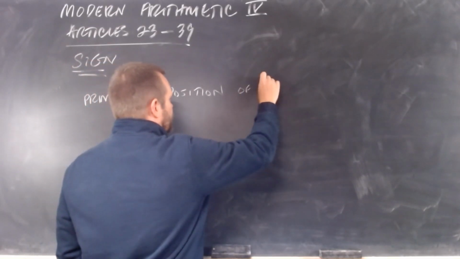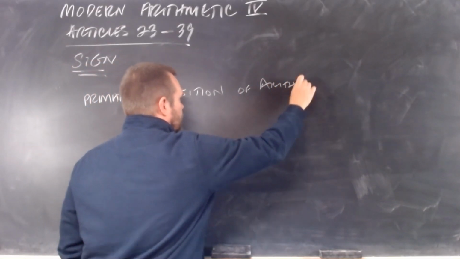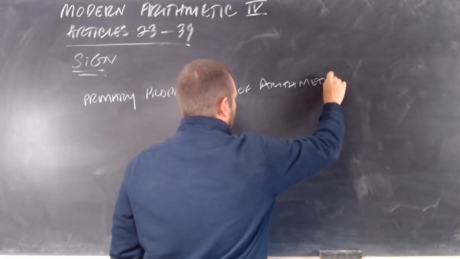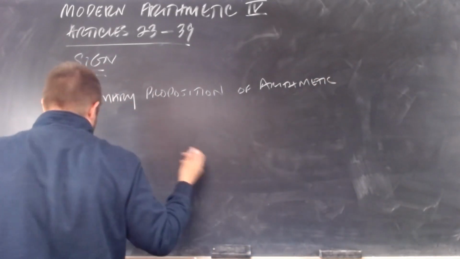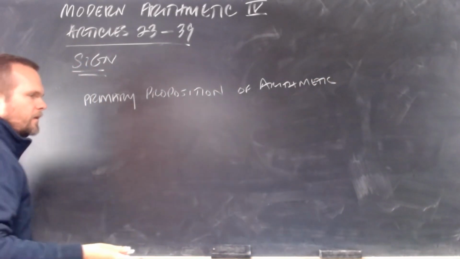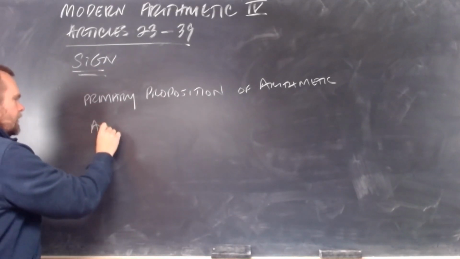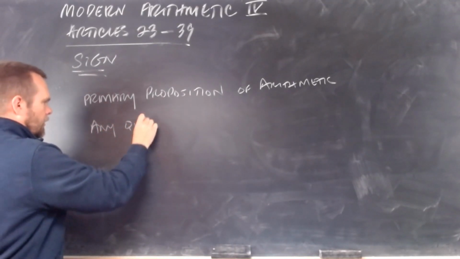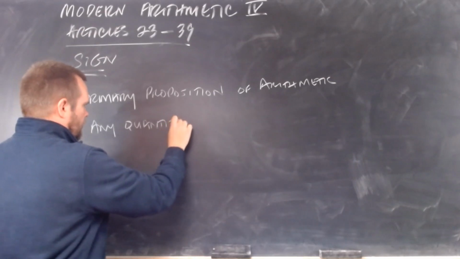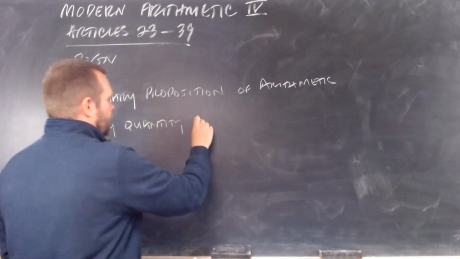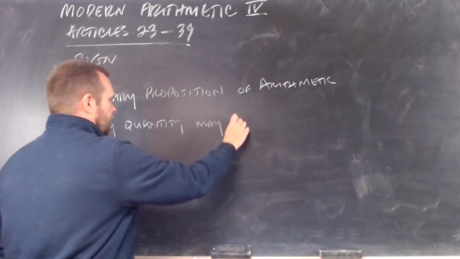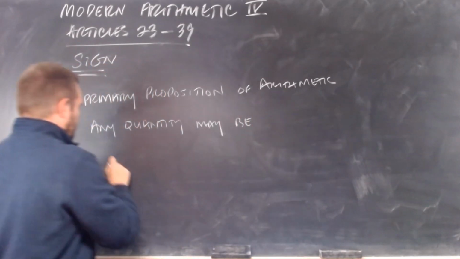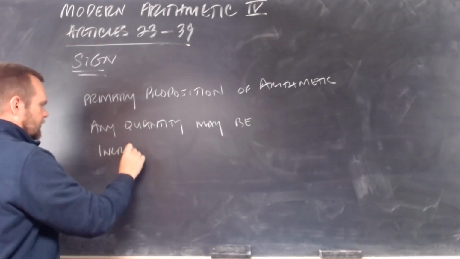The primary proposition of arithmetic, based on the definition of a quantity, is that any quantity may be increased or diminished.